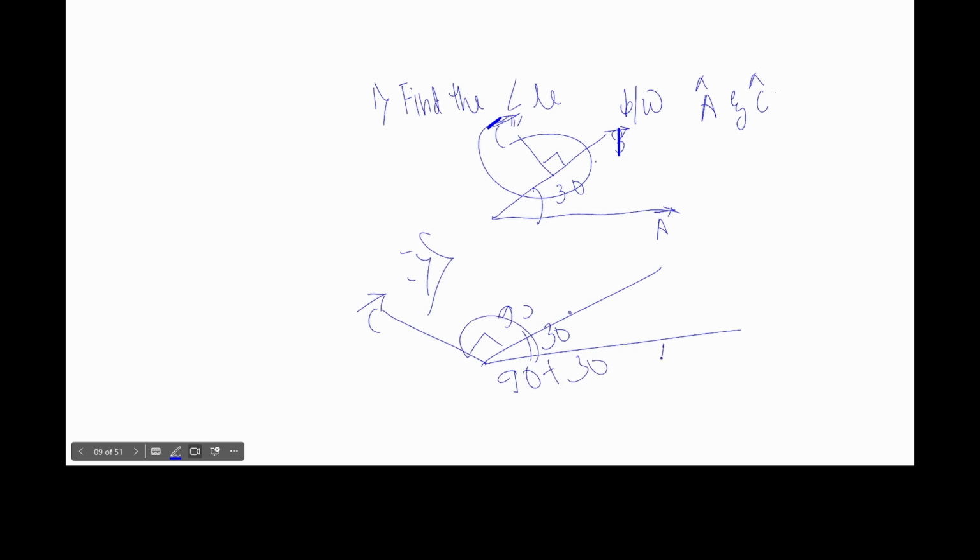The total angle between A and C is 120 degrees. So moving on to another question.